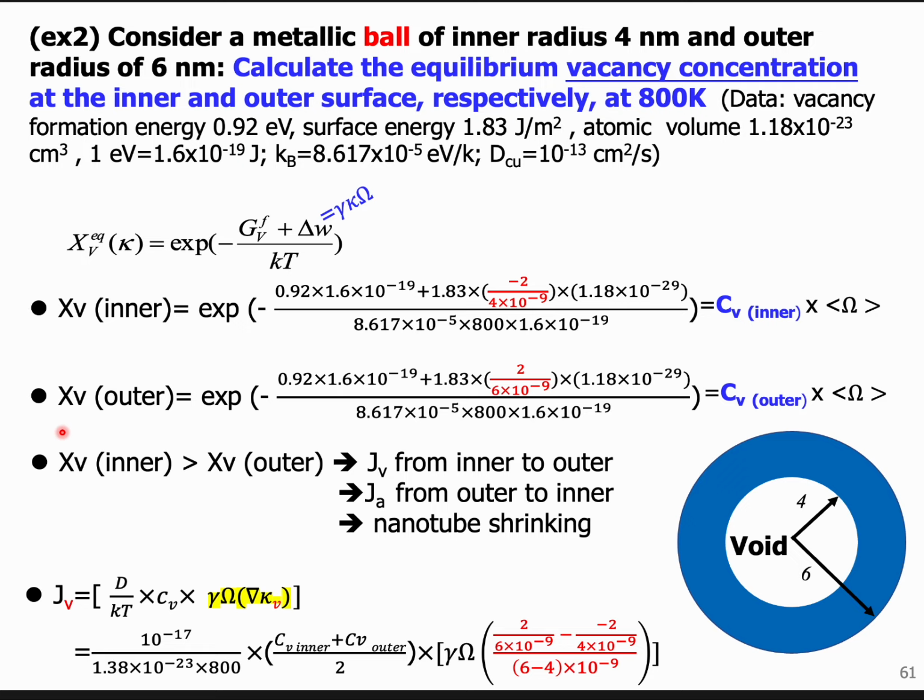So you cannot use minus diffusivity times the concentration gradient, because the vacancy chemical potential is already the same everywhere, so there's no vacancy flux from it.